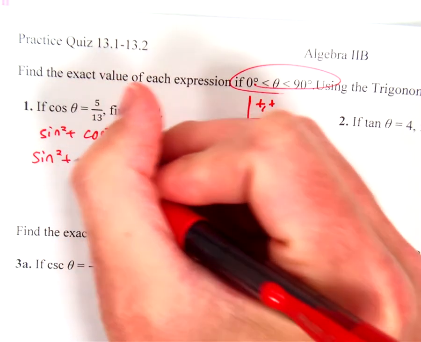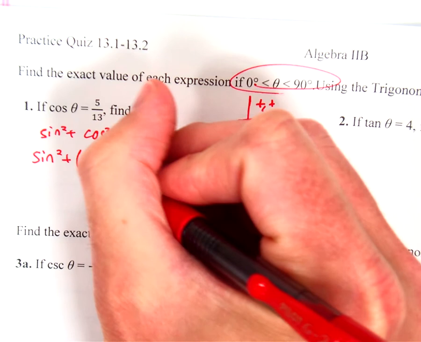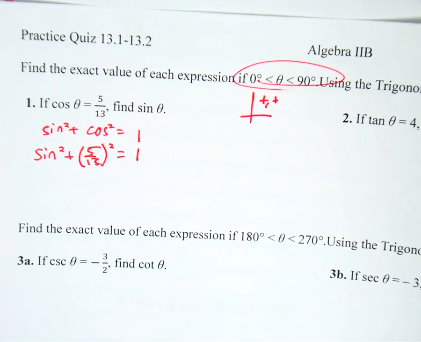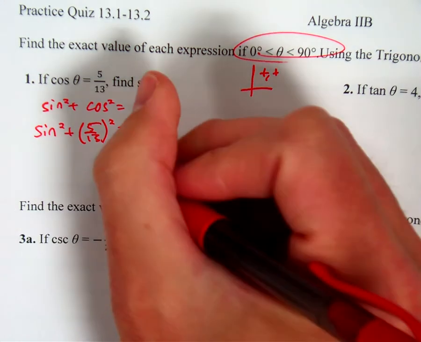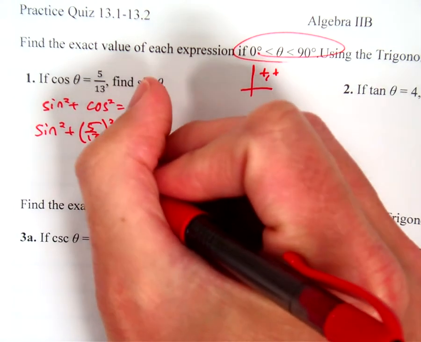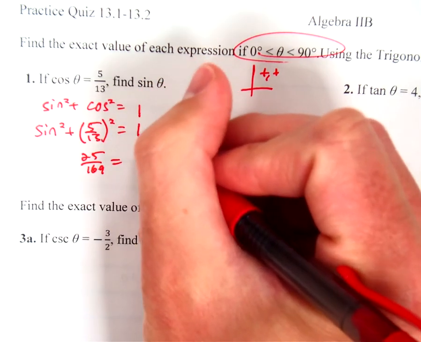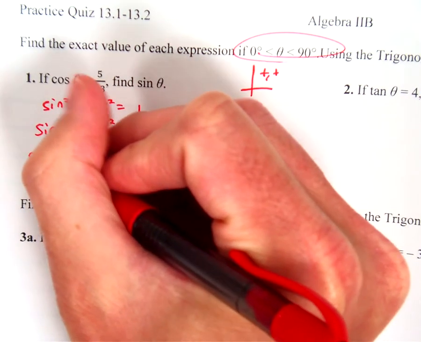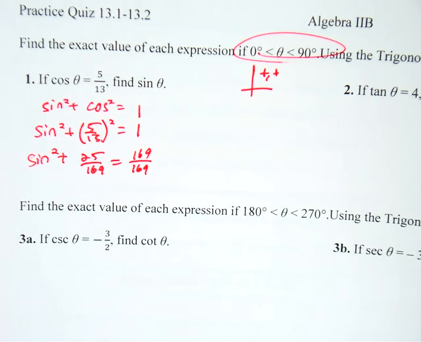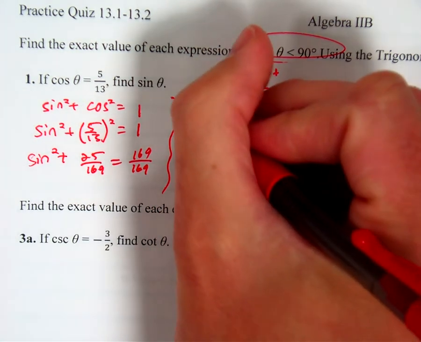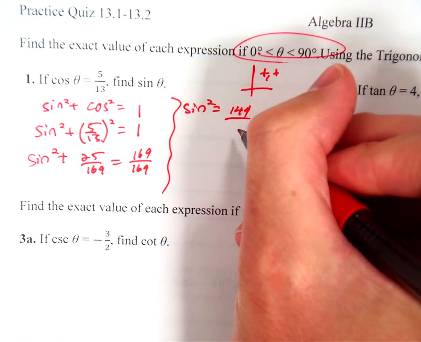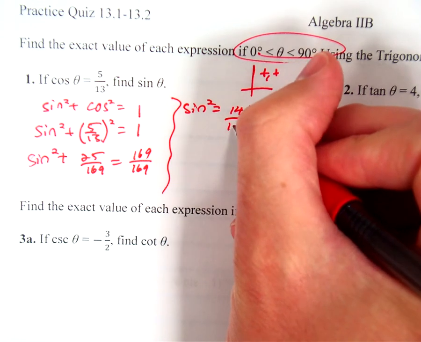So we have sine squared plus 5/13 squared. 5/13 squared, we got 25 over 169. We're going to change this 1 to 169 over 169. Subtract that, over 144 over 169.